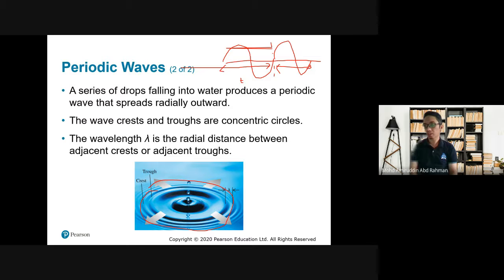We call the black ring the crest, and the white ring the trough. Between white and white is considered one wavelength, and between black and black is also considered one wavelength. These are at a similar distance.